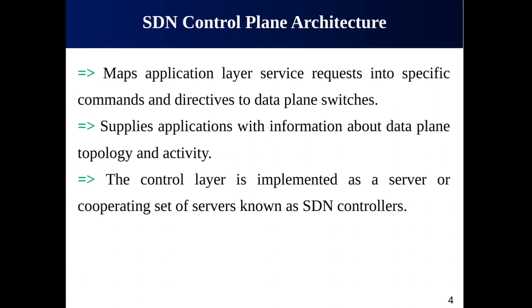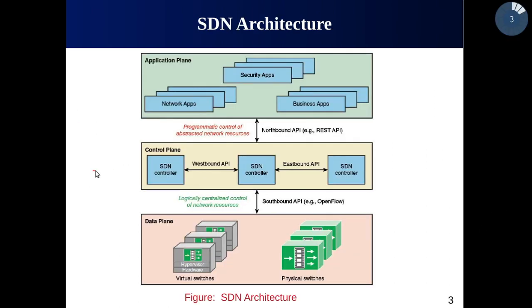The main point about SDN control layer or plane is that it actually maps application layer service requests into specific commands. As you can see, it is like the intermediate layer. So its main functionality is related to mapping between the applications, converting different service requests to commands.